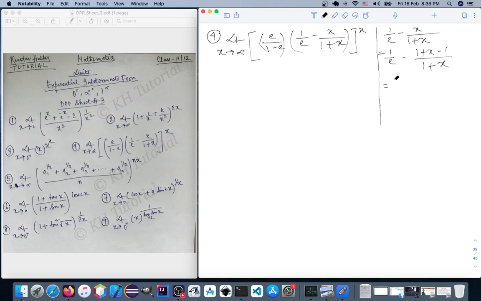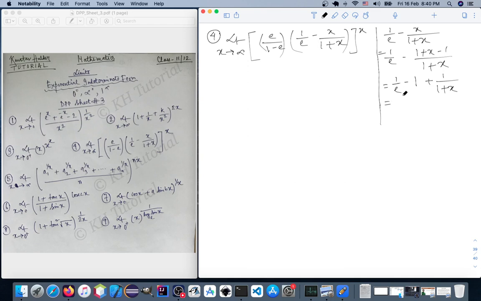This becomes 1 by e minus 1 plus 1 by 1 plus x.